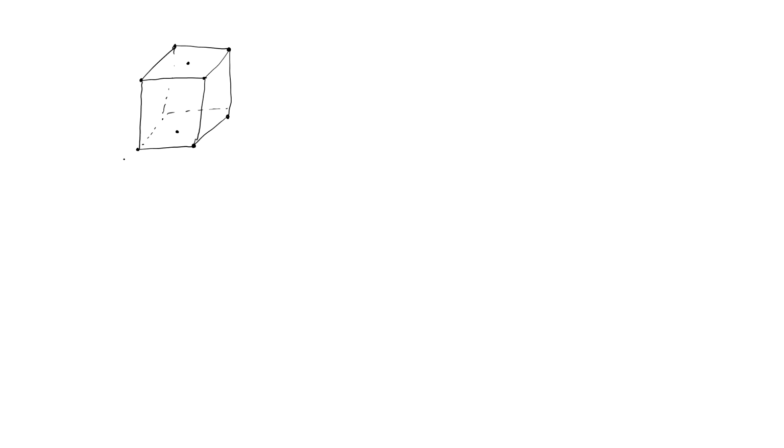This is A. Since it is cubic, A equals B equals C, and all the vectors are orthogonal to each other, that is alpha equals beta equals gamma equals 90 degrees. Now, let us construct another unit cell next to it, adjacent to it.